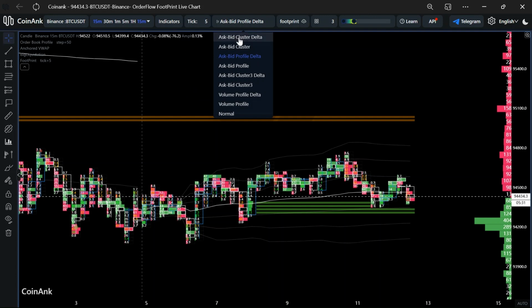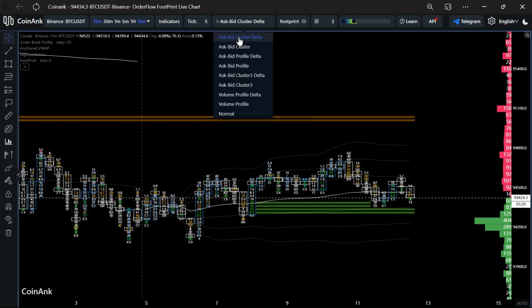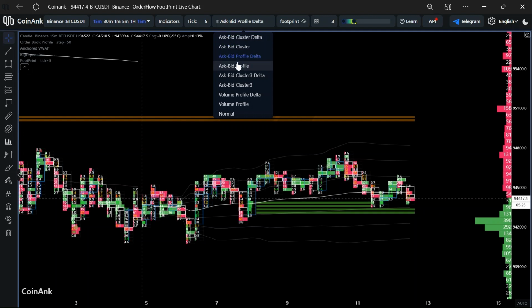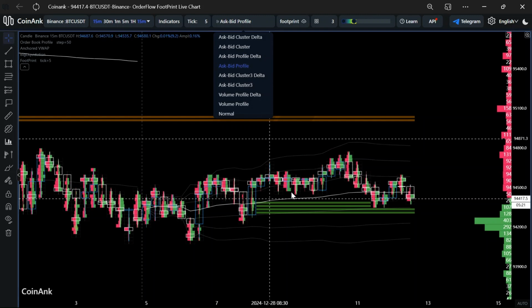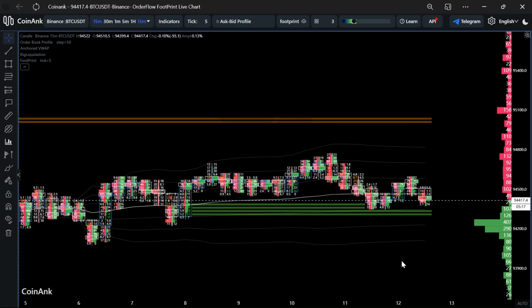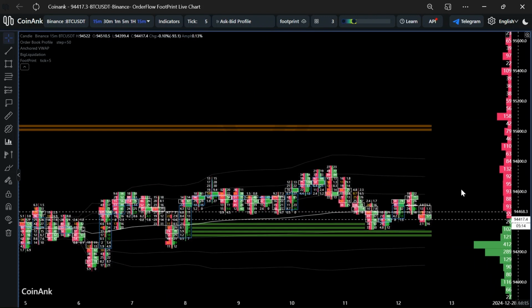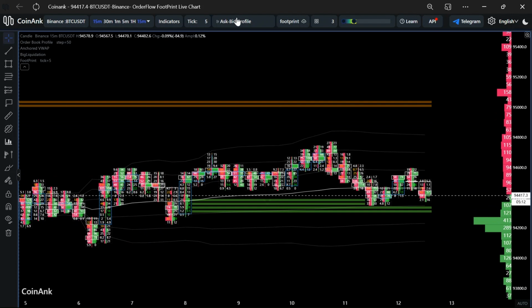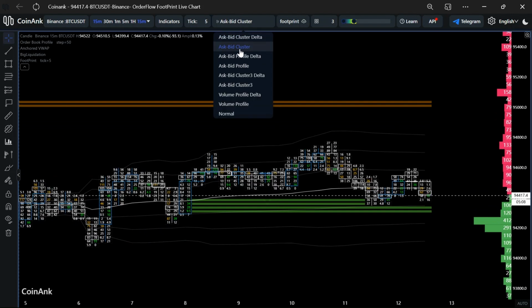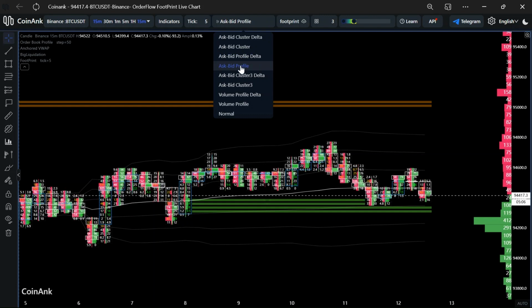You can also change cluster type from here. Bid-ask shows sells on the left and buys on the right. Delta shows net buys minus sells, while volume shows buys plus sells. These green and orange lines indicate stacked imbalances. These happen due to strong buyers or sellers and act as support and resistance.